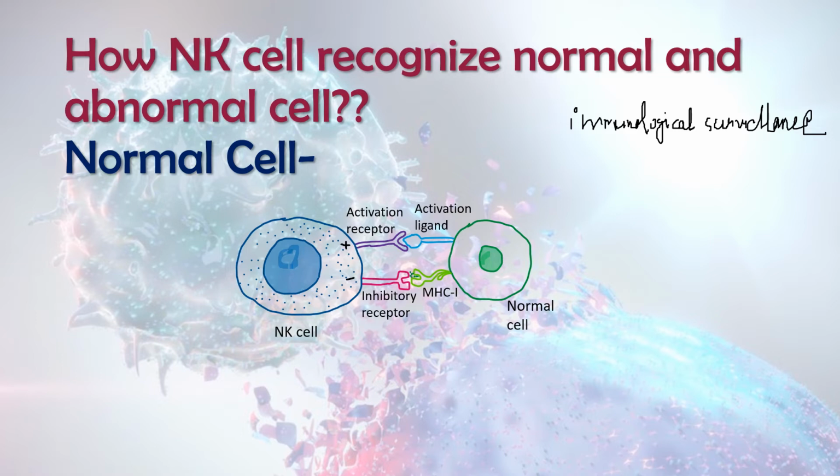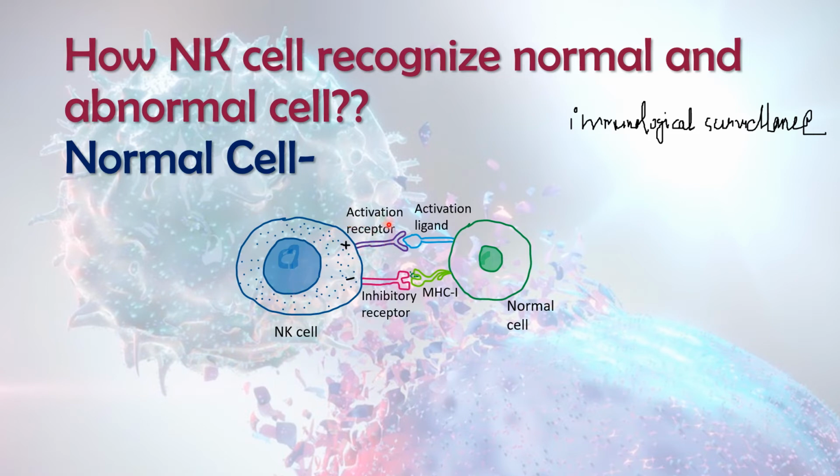Okay, so first let me take an example of a normal cell, how we distinguish a normal cell. So this is our normal cell, which has an activation ligand, this one, and MHC1 molecule, or we can say MHC class 1 molecules, as we know that all nucleated cells contain MHC1 molecules. And we also know that the NK cell has two types of receptors.